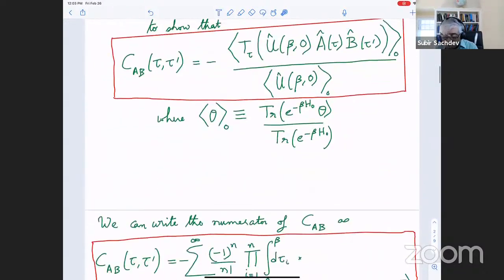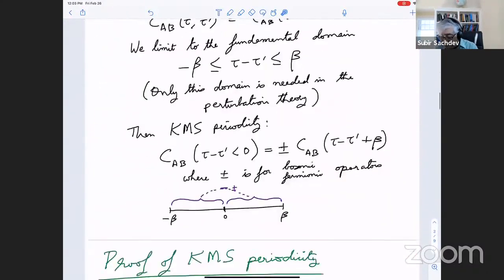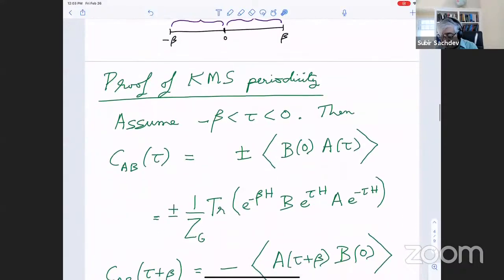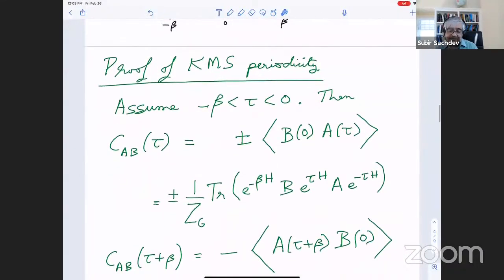So I'm going to assume, which again you can prove from that definition, that the Green's function is only a function of time differences. So I'll put tau prime equal to 0. You can put it non-zero if you want, just a little bit more complicated. And let's assume tau is in the lower half of the fundamental interval, between minus beta and 0.